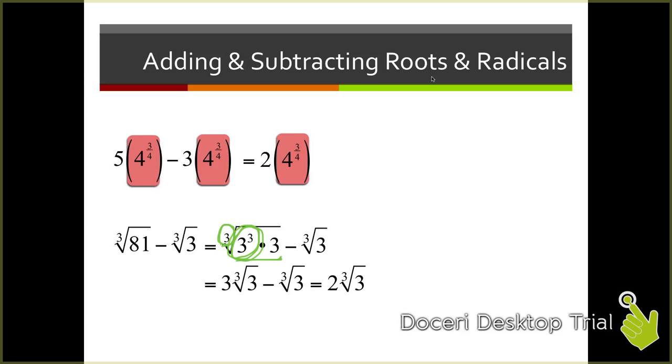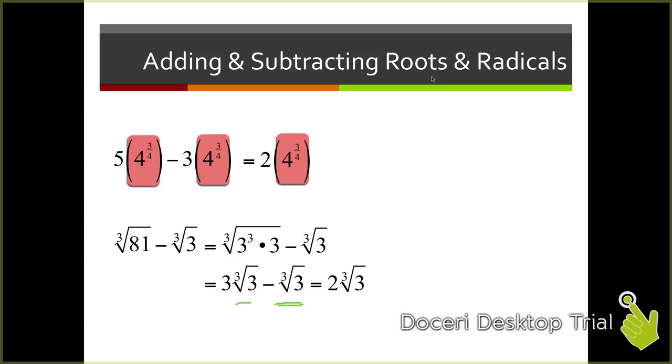So this term right here becomes 3 cubed root of 3. So I'm taking the cubed root of 3 cubed, and then this 3 has to stay inside. Now I'm subtracting another cubed root of 3.